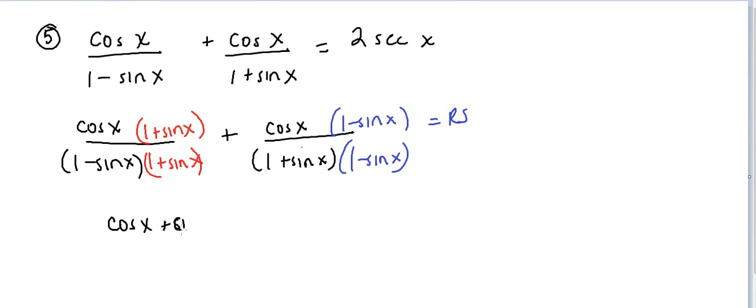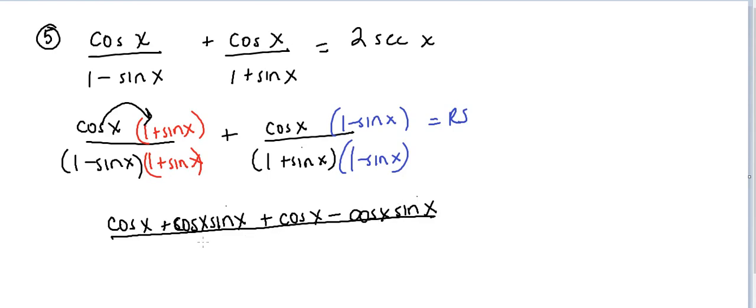Cosine, I'm going to distribute is what I mean, times cosine sine plus cosine of x minus cosine, sine, all over my denominator. So my denominator, I will leave like this for now.